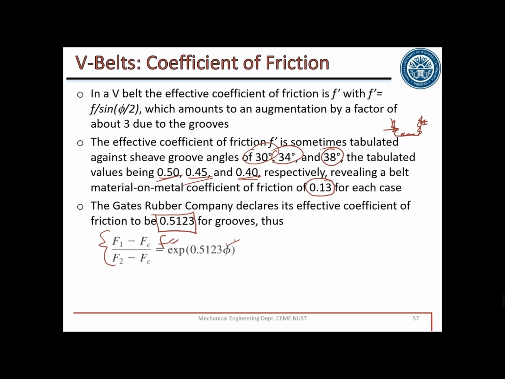The angle of wrap is the same angle of wrap from which we can calculate K1. Here it has to be used in radian because this is an expression, not sine or cos, so it has to be in SI unit, and the SI unit of angle is radian. So that phi can be used here. Depending on which parameters we know, the remaining F1, F2 or Fc can be calculated using this equation.